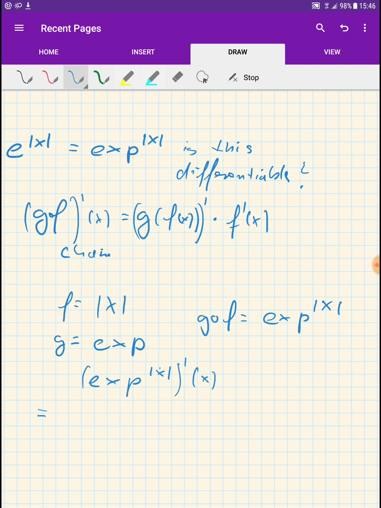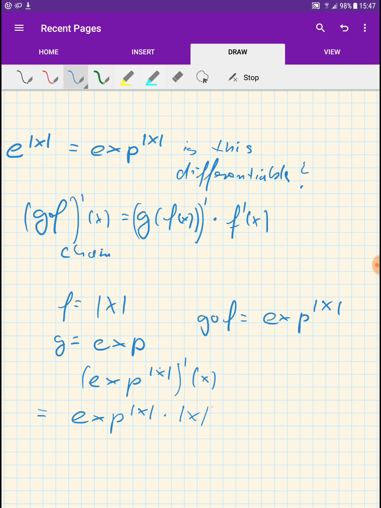Then according to the chain rule, what we have to do is just look at this formula here. We have to look at the derivative of the exponential function, but the exponential function has the property that it is its own derivative. So we have the exponential function evaluated at the point absolute value of x, and we multiply this by the derivative of our function f, which is in this case the absolute value.